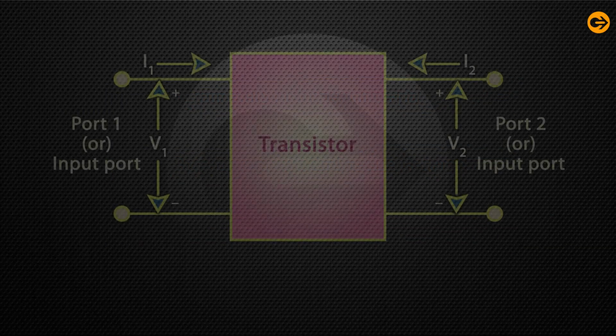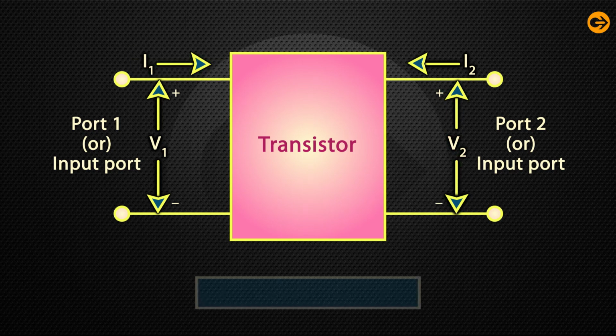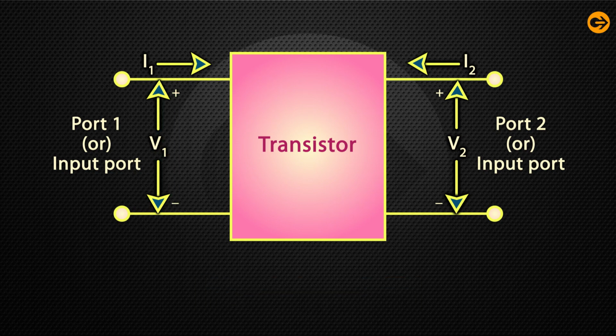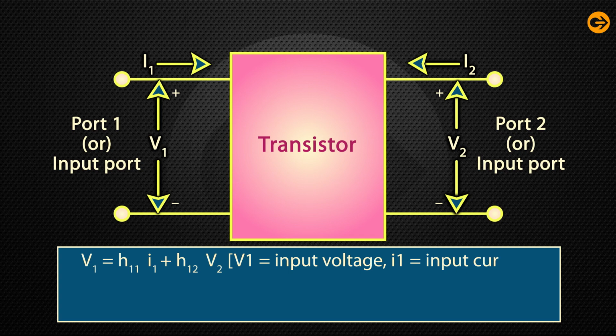Hybrid parameters. When the input current I1 and output voltage V2 are considered as independent variables, the input voltage V1 and output current I2 can be specified as V1 is equal to H11 I1 plus H12 V2, where V1 is the input voltage, I1 is the input current, V2 is the output voltage, and I2 is the output current.